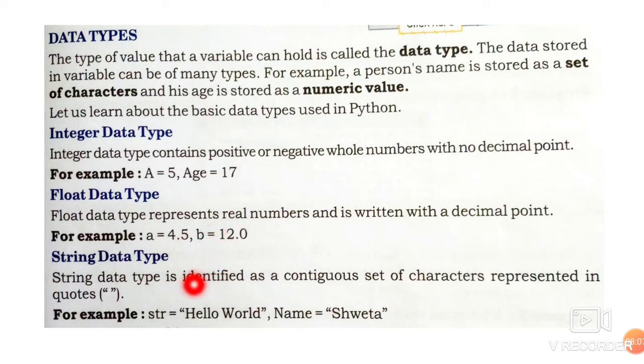Next is the string data type. String data type is defined as a contiguous set of characters represented in quotes. Whenever you pass a string to a variable, that string must be enclosed in double quotation or single quotation marks.